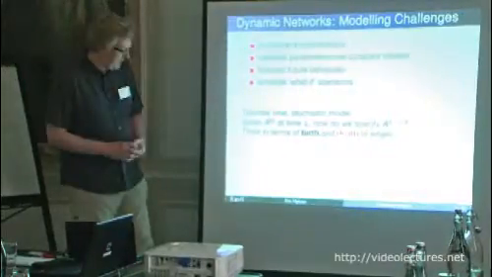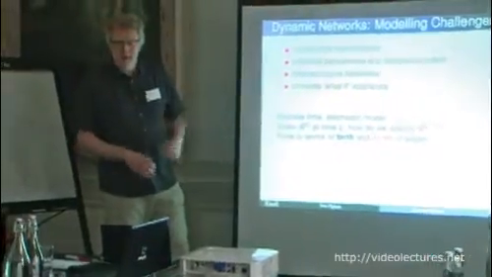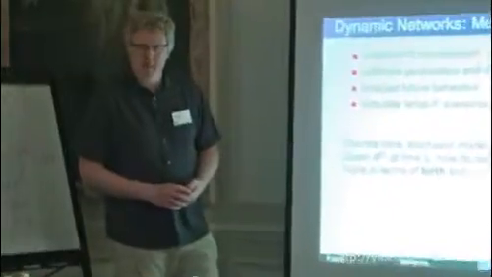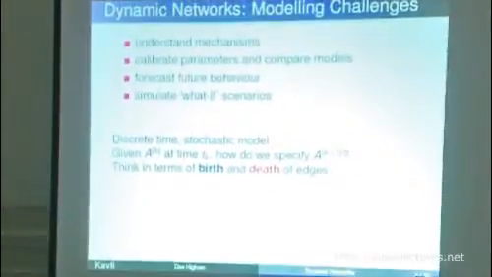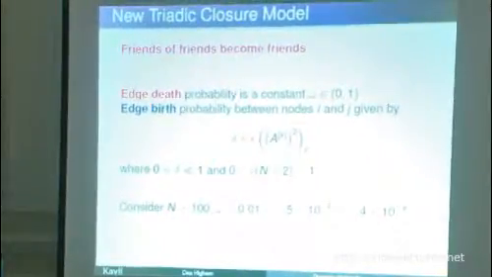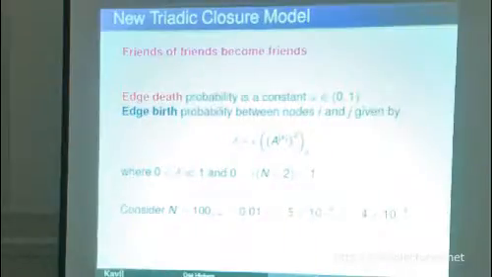So what's a good way of putting together some rules about how edges may arise or disappear over time? And we have various ideas that we've published. I'm going to focus on one particular case, which I think is realistic, and also we can do a little bit of mathematics, so we can actually sort of prove something about it. So the idea here is called triadic closure.